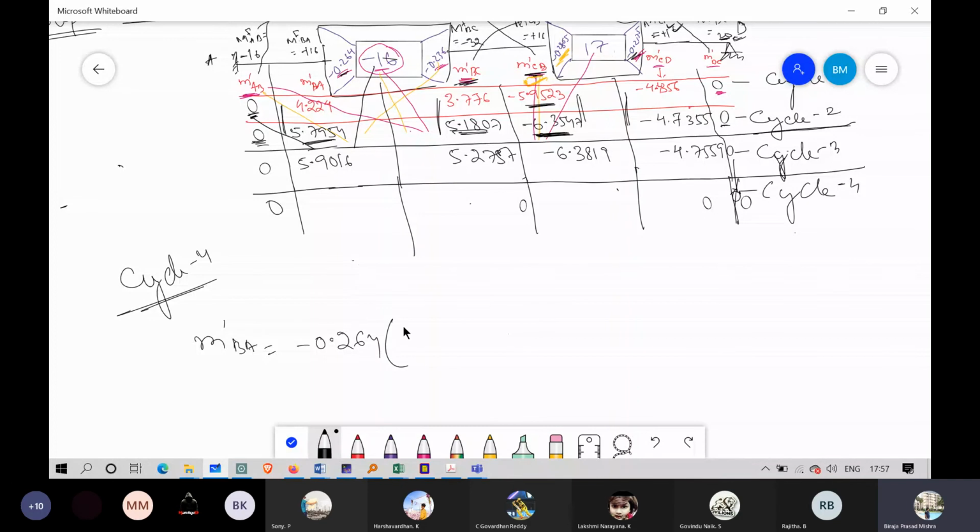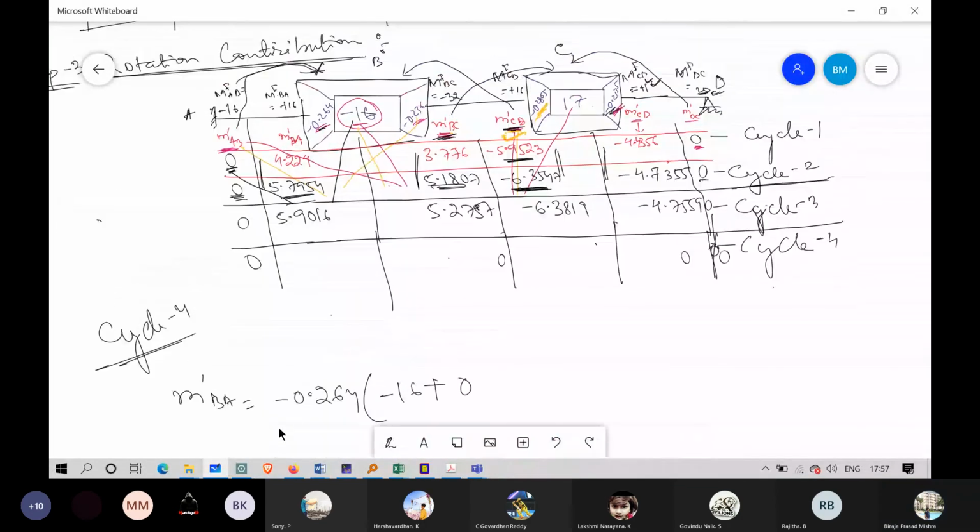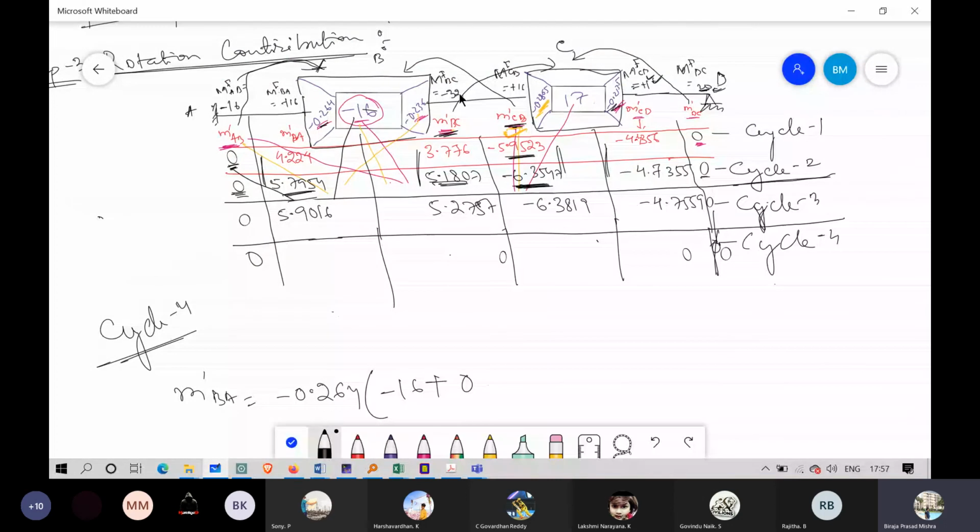So it is again minus 16 plus this value is 0, and it will take this value, minus 6.3819. So M bar BA is 5.9088 ton meter.